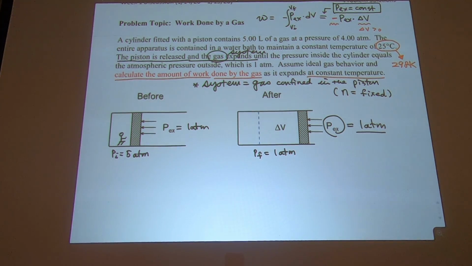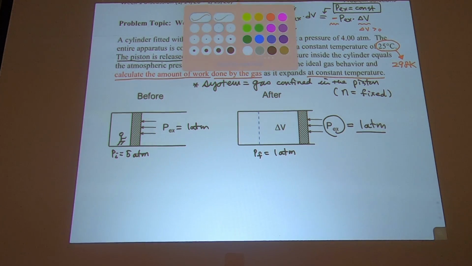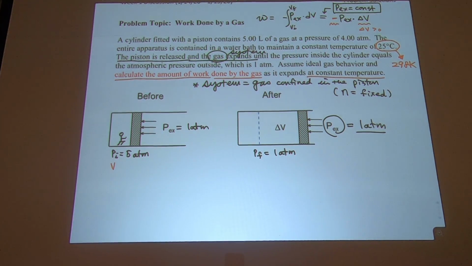I think I have an overview of what's going on inside, and the initial pressure is 5... I guess the initial volume was 5. No, not 5 atm. Sorry.